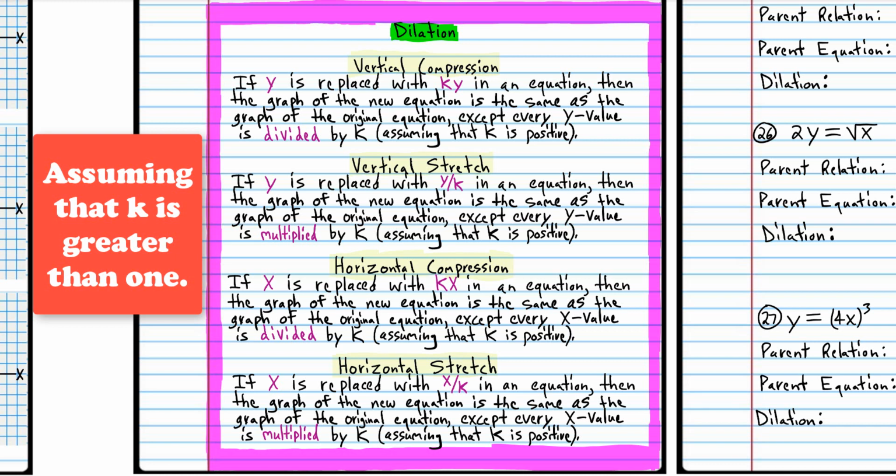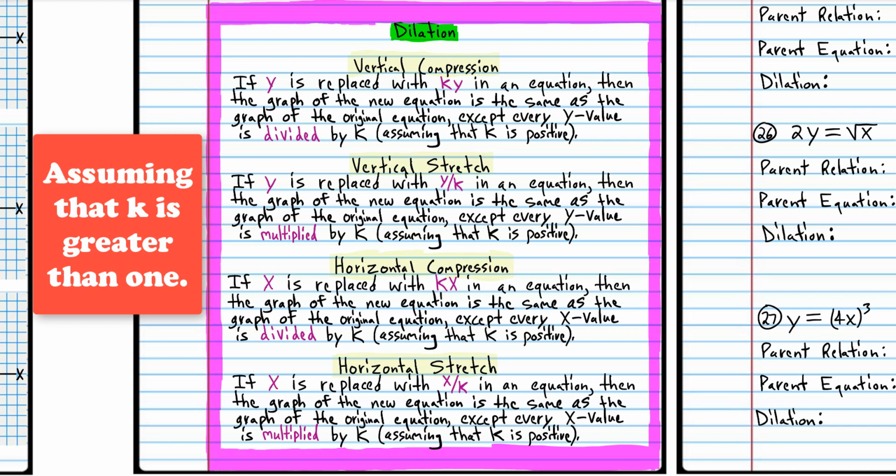If you multiply y, it's a vertical compression. If you multiply x, it's a horizontal compression. If you divide x or y by a number, then it's a stretch. You're stretching the graph. If you divide x, it's a horizontal stretch. If you're dividing y, it's a vertical stretch. So whenever you multiply or divide y, it's a vertical dilation. Whenever you multiply or divide x, it's a horizontal dilation.